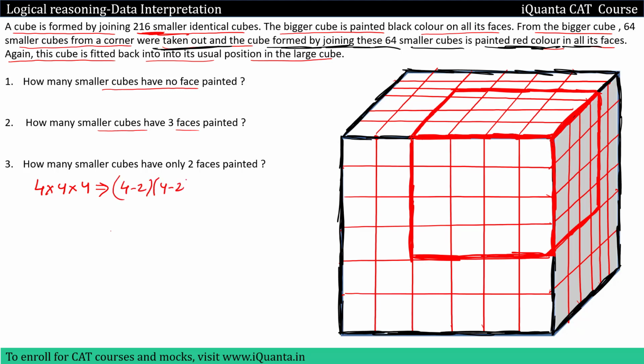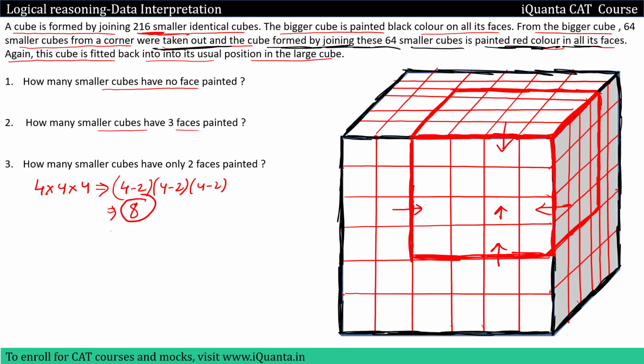From every axis we reduce 2 cubes, because one layer is gone from the top, one from the bottom, one from the left, one from the right, and the front layer and the back layer are gone. So two layers are gone from every axis. So we'll get 2 into 2 into 2, that means 8 non-colored cubes. That means 8 cubes have no face painted from this 4 cross 4 cross 4 cube.